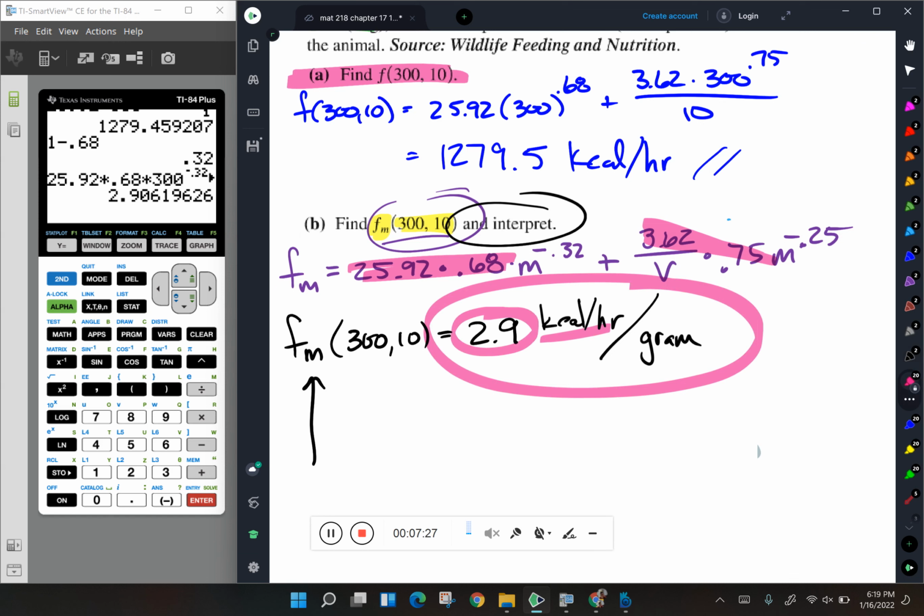So it's increasing for every gram of increase. So if my animal increases its mass by a gram, it'll need 2.9 more kilocalories per hour to maintain that, or to cover that distance of 1 kilometer at a fixed speed of 10 kilometers per hour.